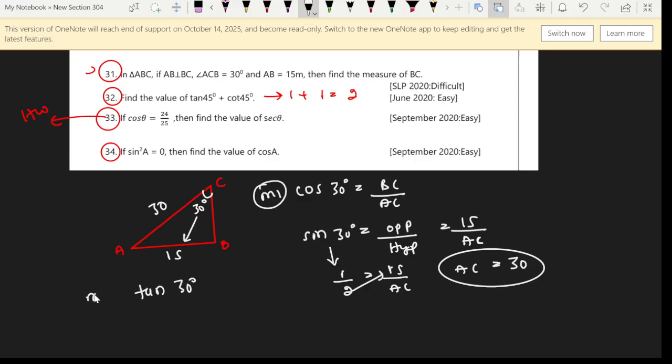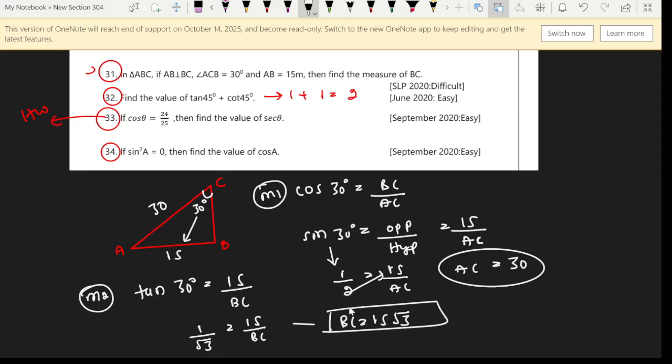A more easy way to find BC: tan 30 is equal to the opposite side, that is 15, by the base, that is BC. Tan 30 we know is 1 by root 3. So 1 by root 3 is equal to 15 by BC. So BC is equal to 15 into root 3.